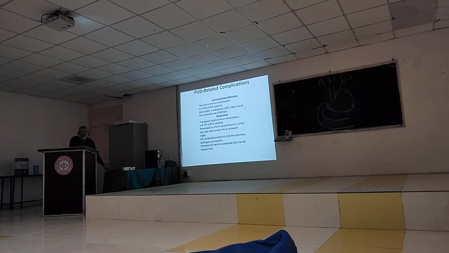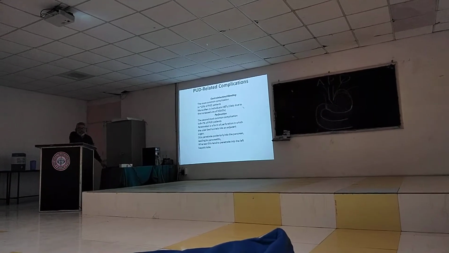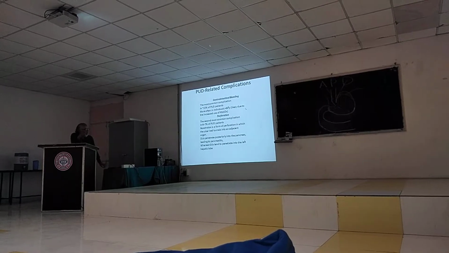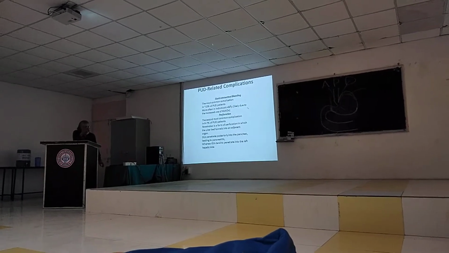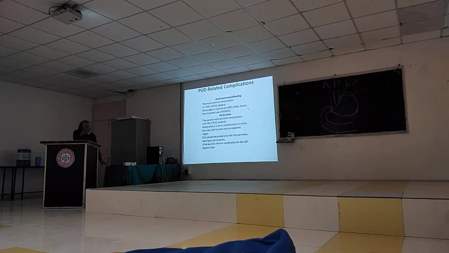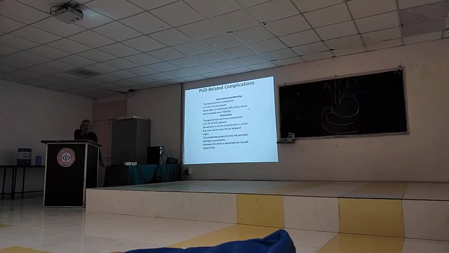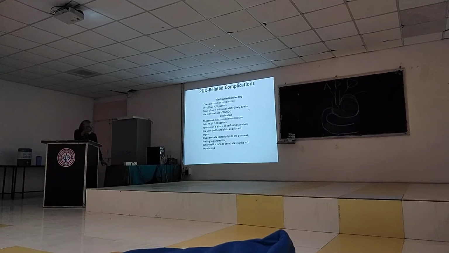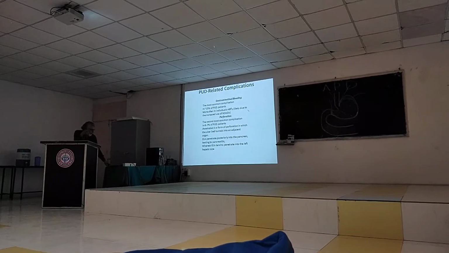And we know that it will penetrate to the nearby structure, like the duodenal ulcer will penetrate toward the pancreas, leading to pancreatitis, and the gastric ulcer will penetrate near the hepatic loop and may cause hepatic inflammation.